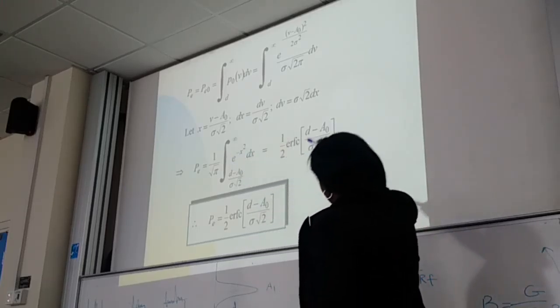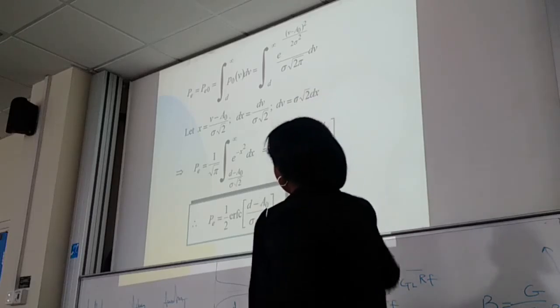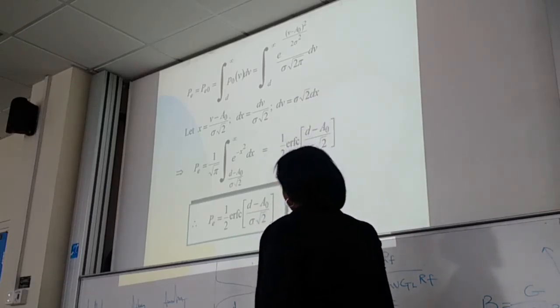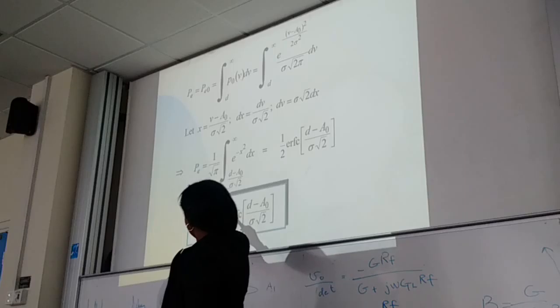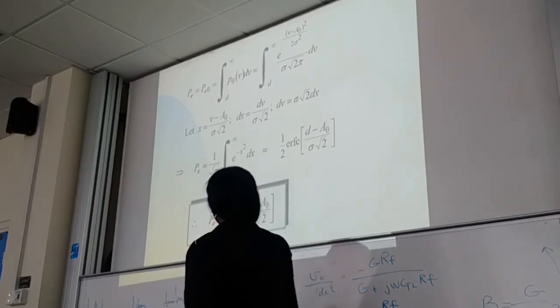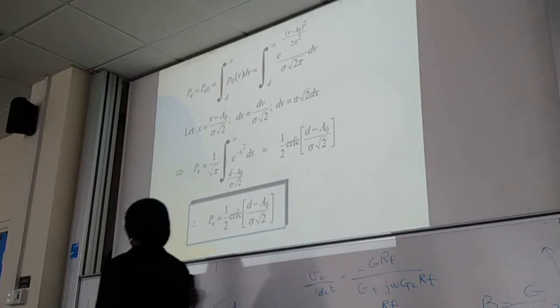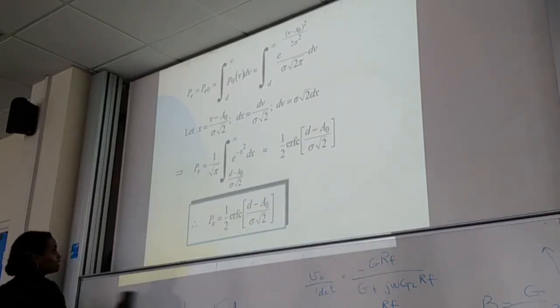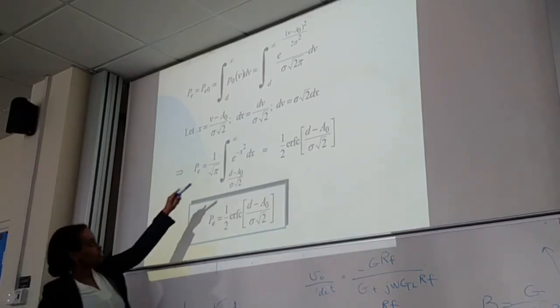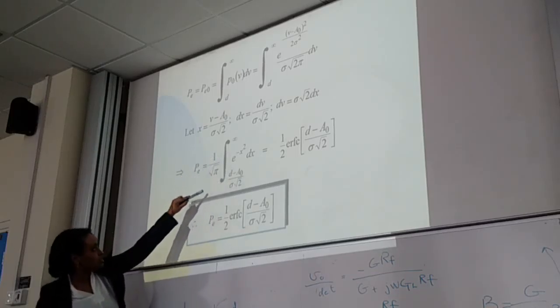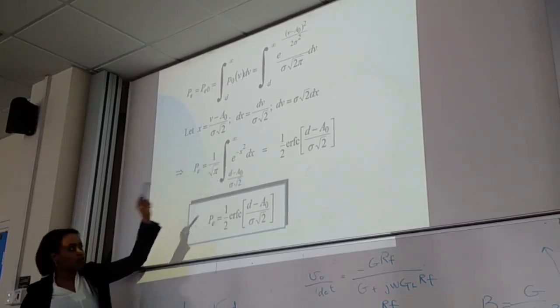And if we substitute this in the upper equation, we will end up with this equation. And you know, or you should know, this function, what do we call it?